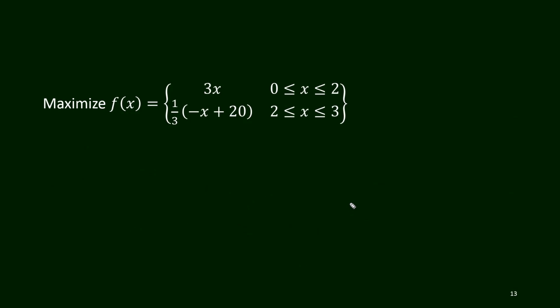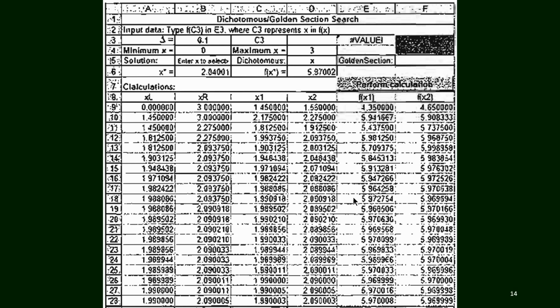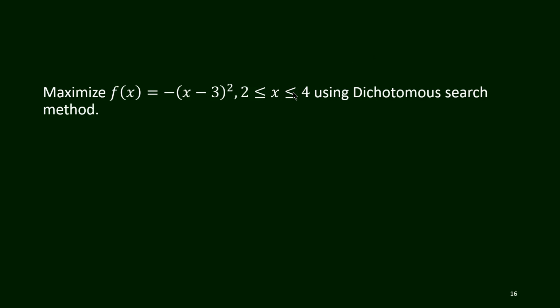You can try one problem, this one, and maximize this using the dichotomous search method. Actually here the question should not be maximized because you have to use an Excel sheet.